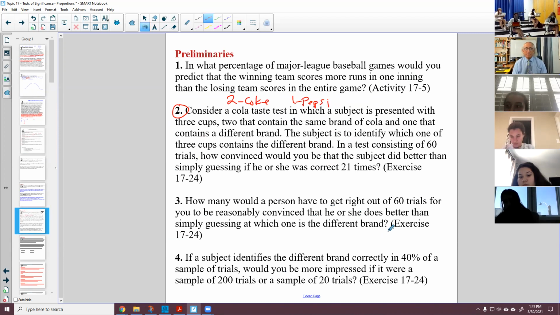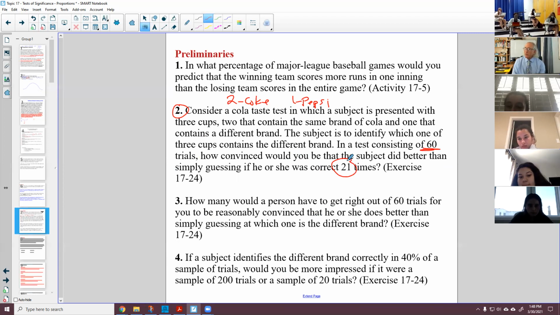I call on somebody to take a test. I want to see whether they can tell the difference between which one's Pepsi and which one's Coke. They taste all 3 of them 60 different times, and they are able to identify the Pepsi 21 times out of the 60.